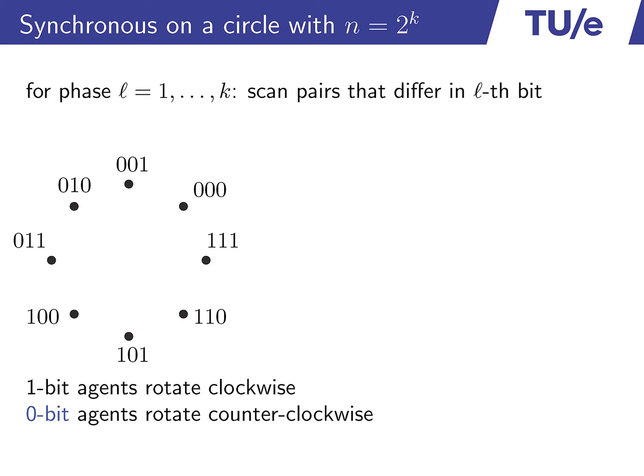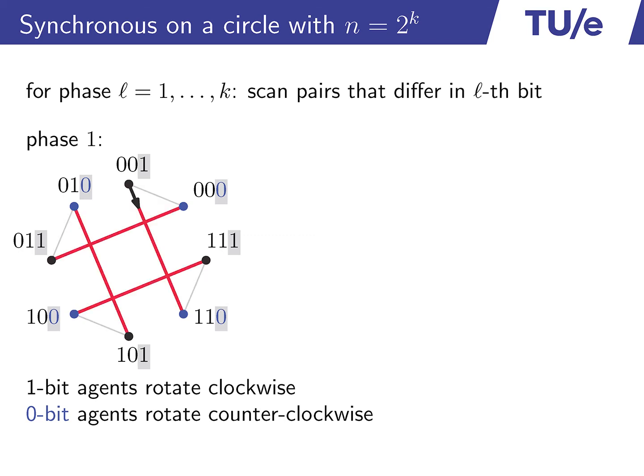We show an example for n is 8, where we have 3 phases. In phase 1, we look at the first bit. The 1-bit agents are colored black, the 0-bit agents are colored blue. We scan all pairs of one black and one blue agent by rotating the black agents clockwise and the blue agents counterclockwise. We are now done with the first phase.